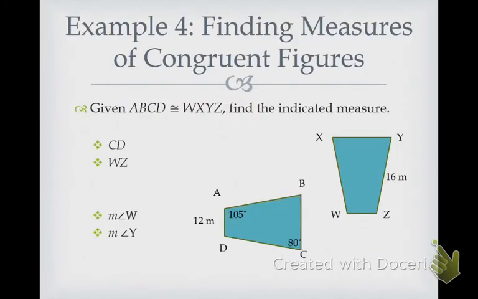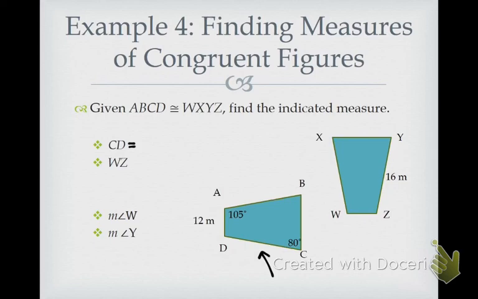We can use the fact that corresponding sides and angles are the same measure to find the measure of unknown sides and angles. For example, find the measure of side CD. CD is over here and there's no measurement there. But what is the corresponding side to side CD?